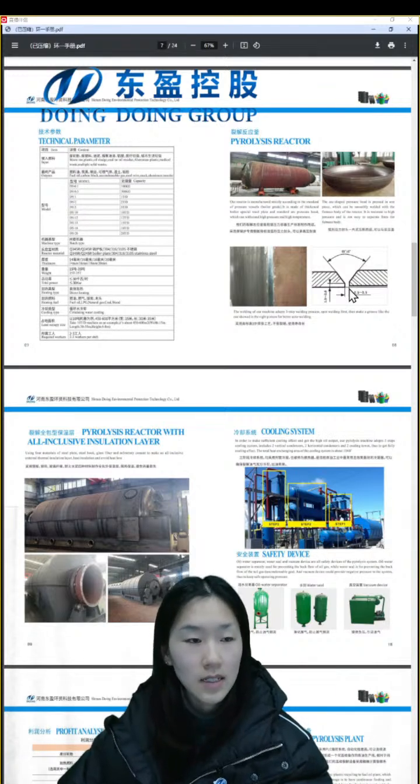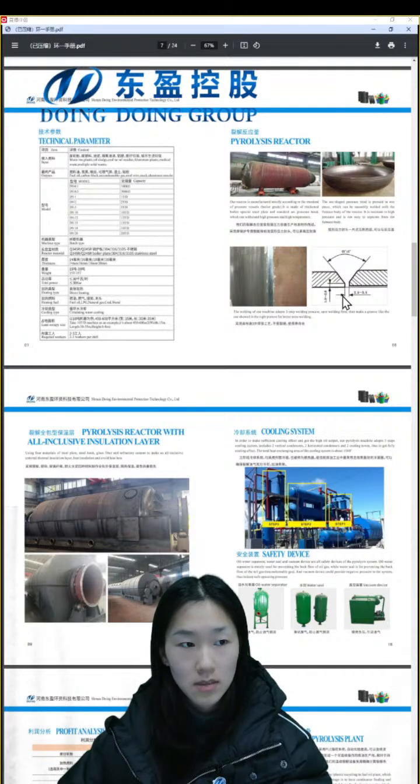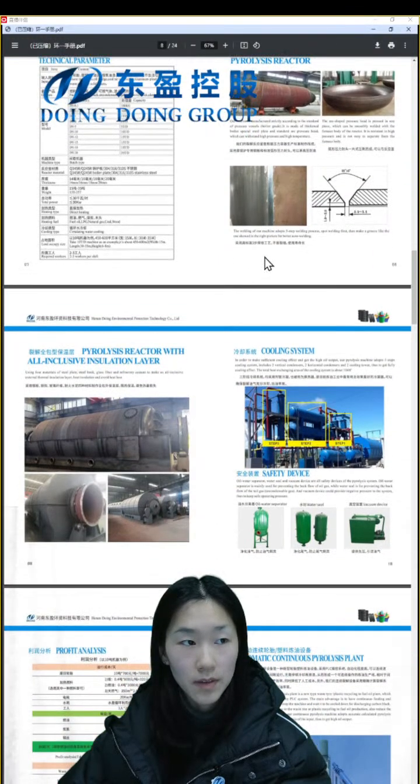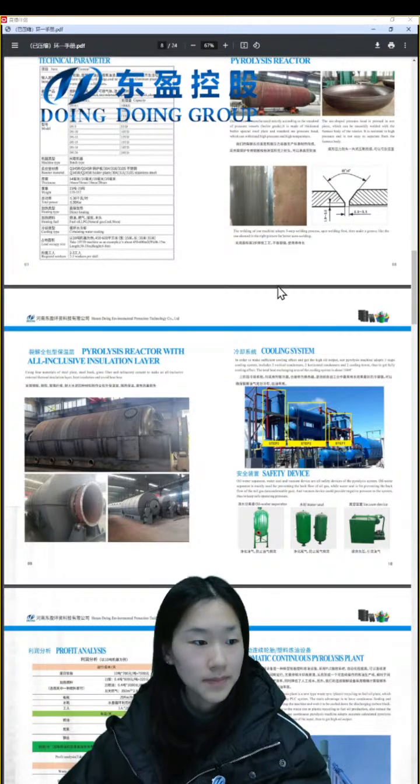You can see the width of this welding seam is 1.5 times the steel plate. So this welding seam is strong.